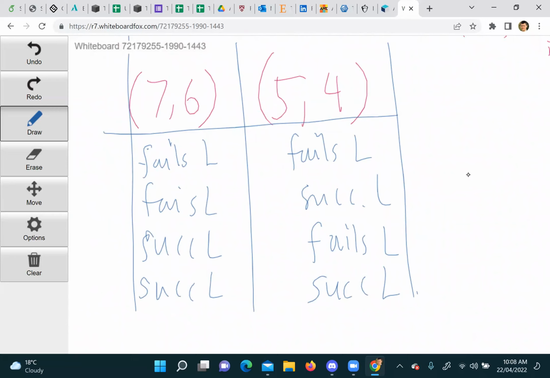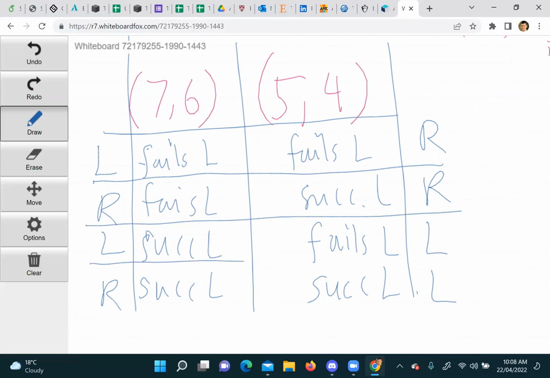Okay, it looks like he's unsuccessful with left, so he's going to pick right, yeah? And the other person does the opposite. So he looks at the fails left, and instead of picking right, he picks left. Succeeds left, now picks right. And then fails left, picks left, and succeeds left, picks right, yeah? That's the table.